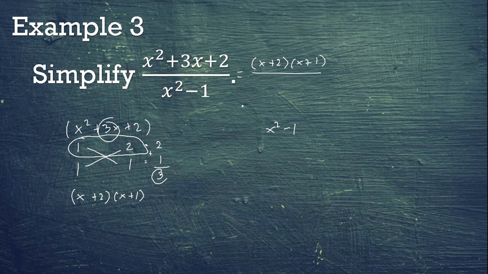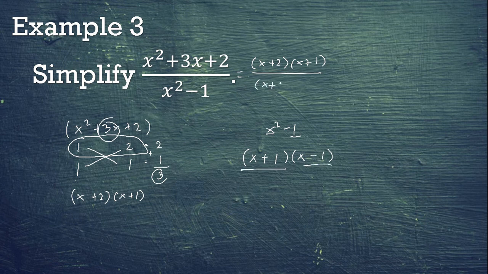Now for the x squared minus 1, we know that this is a difference of two squares. So for us to factor this, we will just get the sum and difference of the first term and the last term. Square root of the first term, that is x. Square root of the last term, that is 1. Then another set of this, but they will just differ in terms of the sign. Plus, minus.